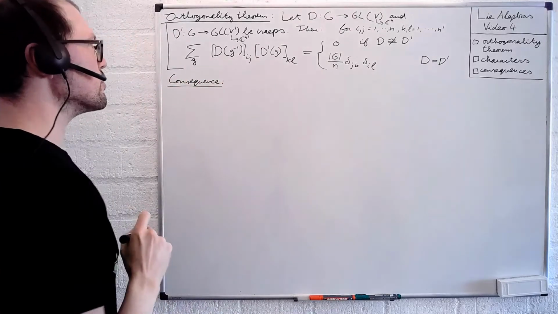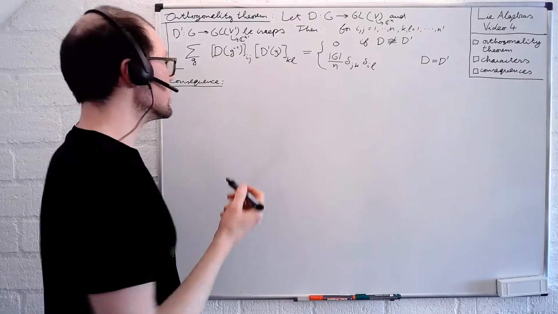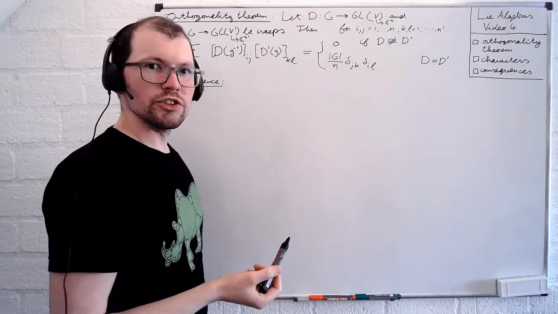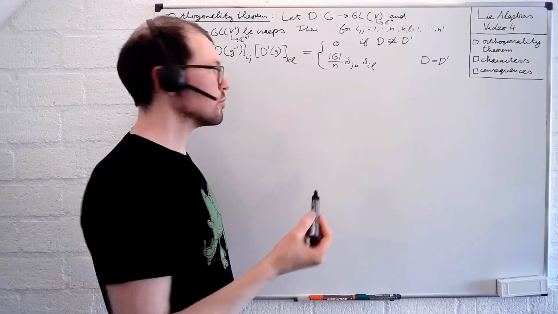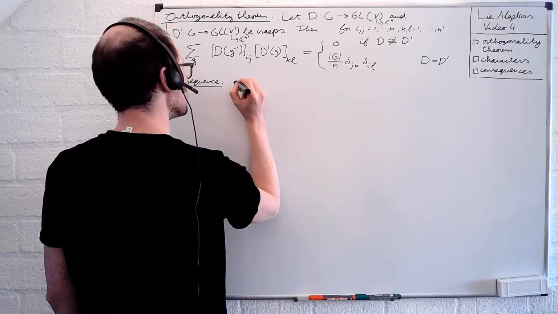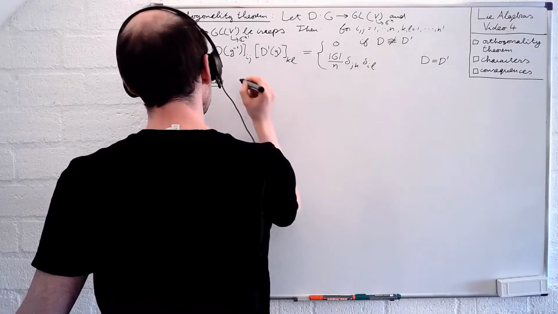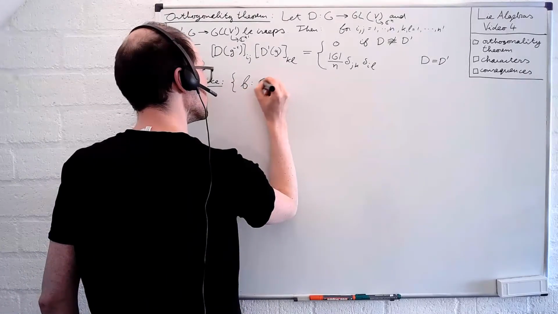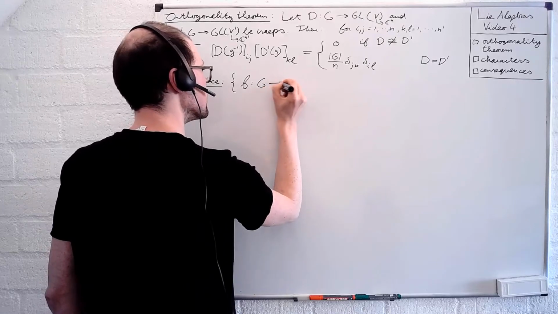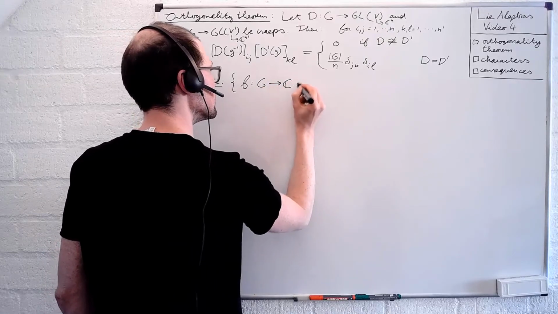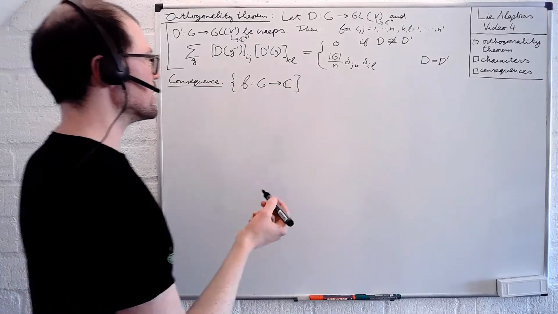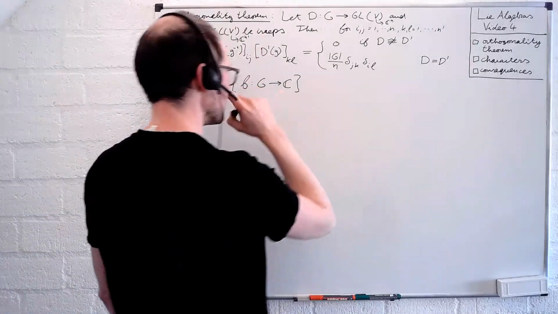And to make the best use of this consequence, it is natural to look at all possible complex functions from the group to the complex plane. So let's look at this set of functions G to C. So this is a linear vector space. Why is that?